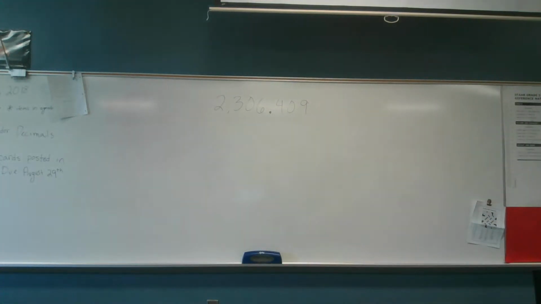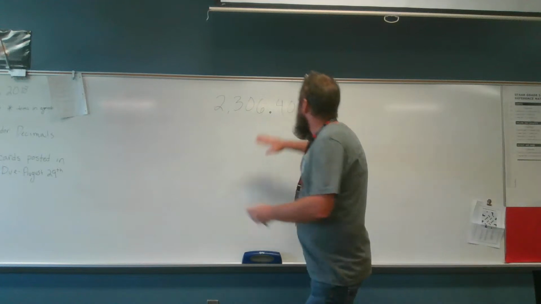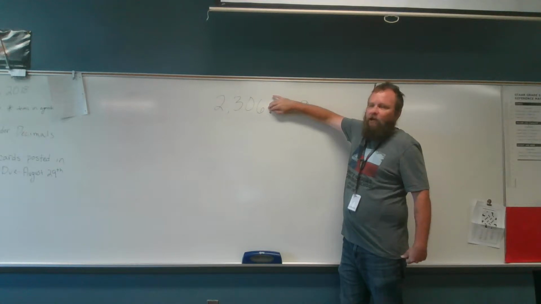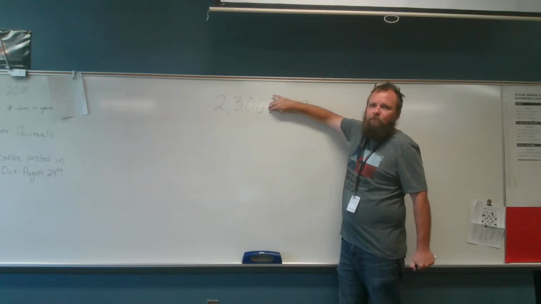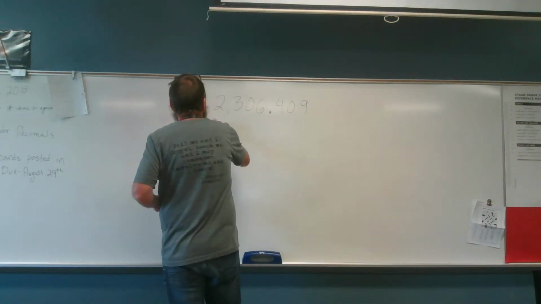Kaysen, if I asked you to say this in word form, can you say this in word form? Let me give you a point in the right direction here. Just look at what's in front of the decimal point. You've done this since you were 1 year old. How do you say that number? 2,306.